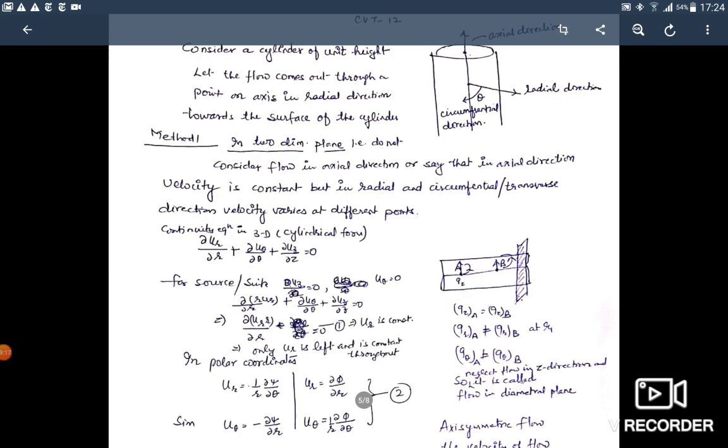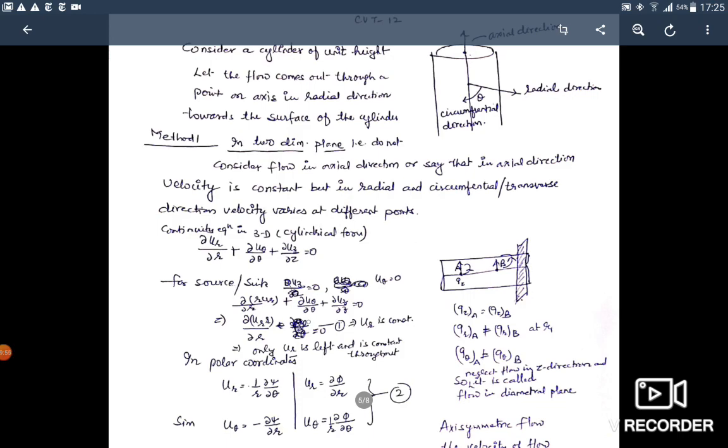So we can neglect flow in the z direction. If it is this situation, we can neglect flow in the z direction, and so it is called flow in the diametral plane. You see this plane? This is the plane. Your flow may be in the radial direction. If you imagine the cross section of a cylinder, then only you can imagine the radial direction flow. And in such a situation, there may be transverse directional flow. So q_r and q_theta may be there, which I have written here; u and q are one and the same thing.